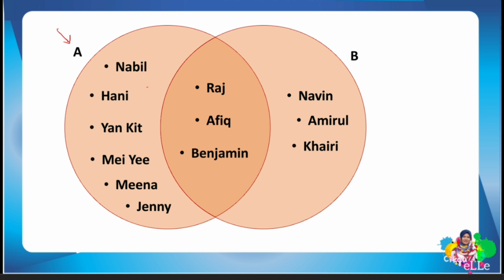Okay, so this is how you represent the intersection by using a Venn diagram. This side is for durian only, and this side is for rambutan only.